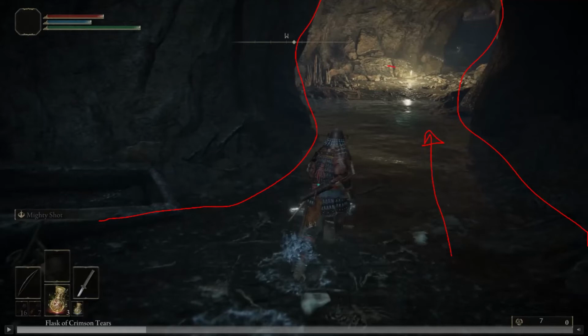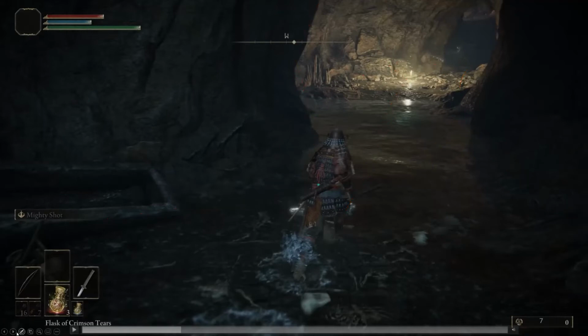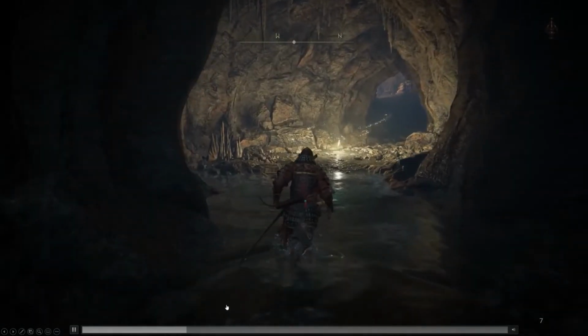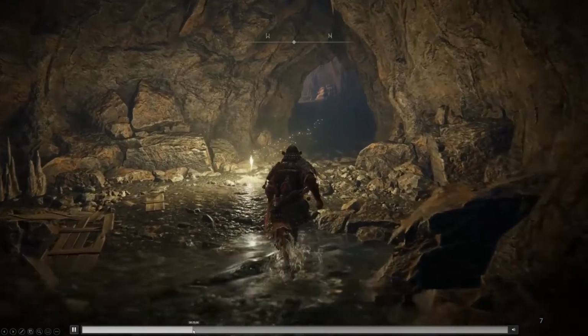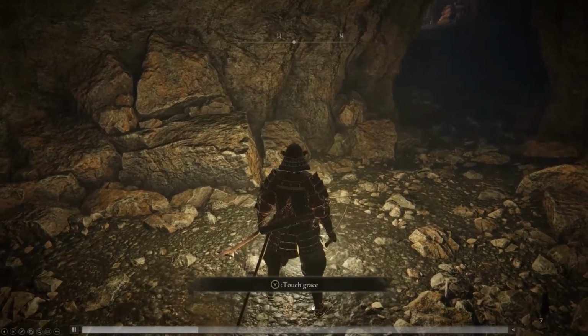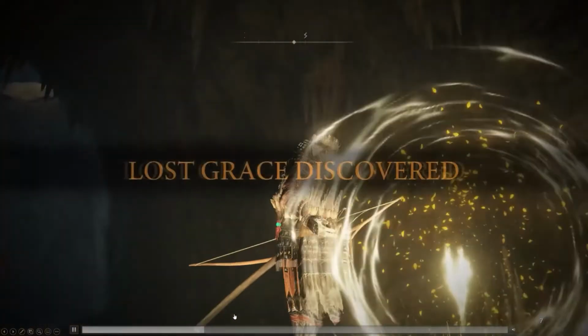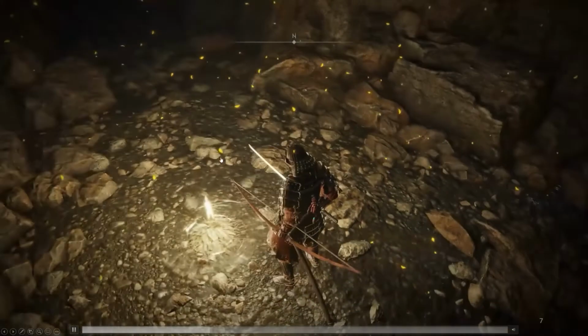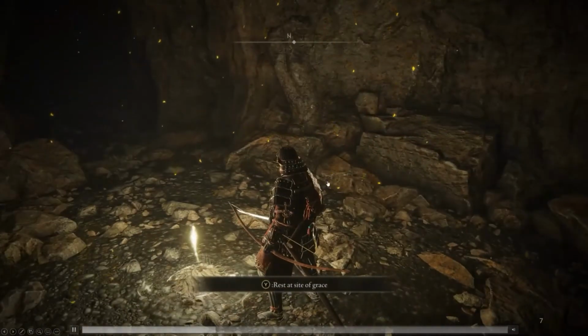And we also can see this glowing element here, so we already know we want to go there as soon as possible. We already know this is the first goal that we want to achieve. And at this point, when we move towards this, we can understand that this is a checkpoint. We have this touch grace indicator, and we realize at this point this is a tutorial of some sort.